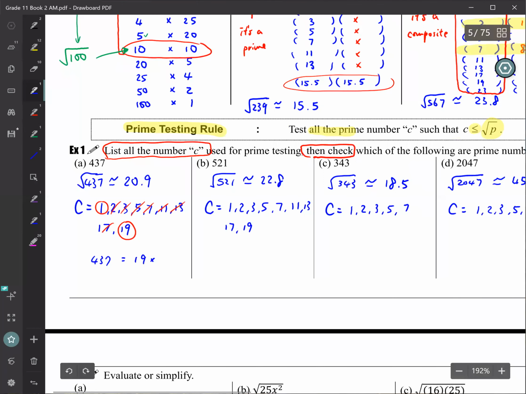Therefore it's a composite. Next one, Colin, what did you find? It's prime. Okay, so everything failed except 1, so it's a prime. 521 can only be 1 times 521.